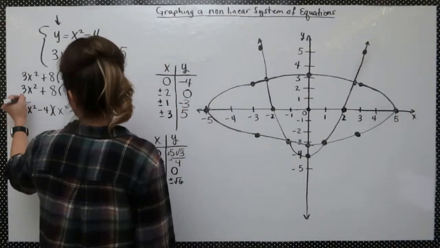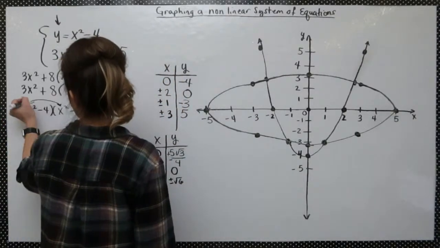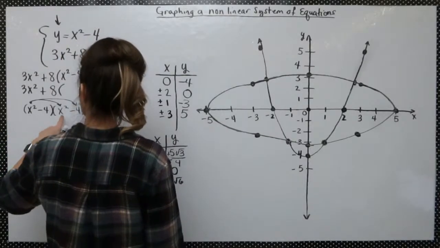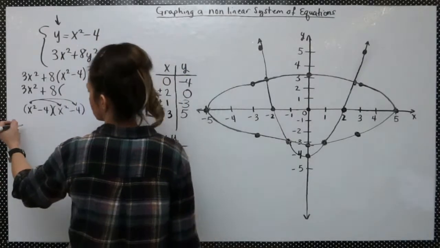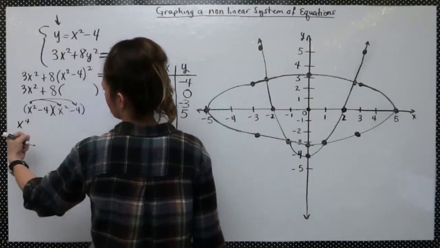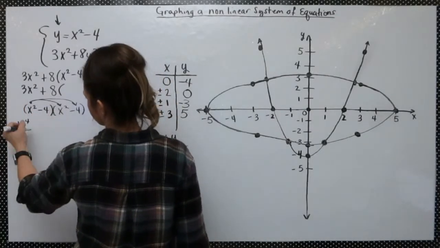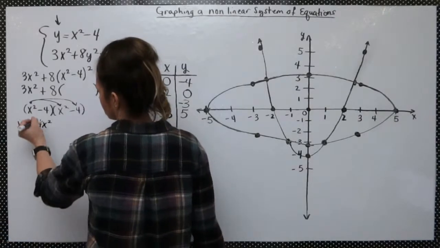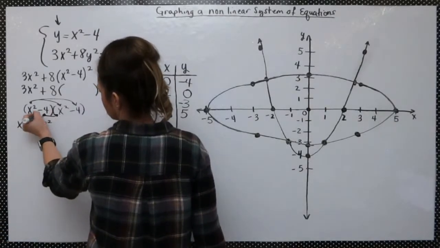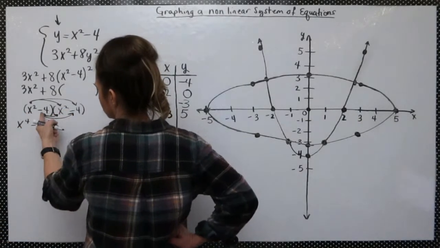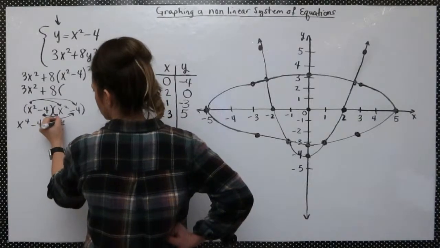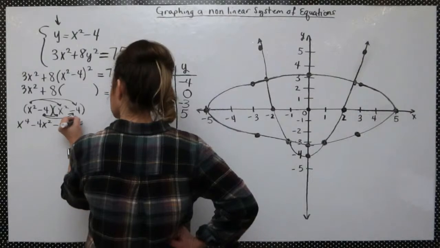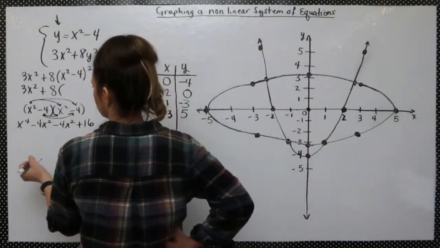We're systematically making sure that each term gets multiplied exactly one time. So x squared times x squared is x to the 4th. And x squared times -4 is -4x squared. And we're going to take this value and multiply it here and here. So -4 times x squared is -4x squared, and -4 times -4 is plus 16. Combine your like terms.